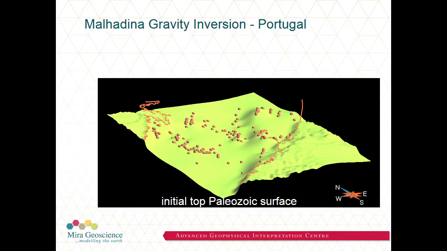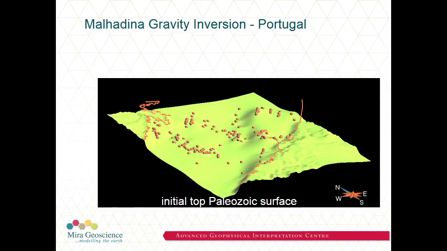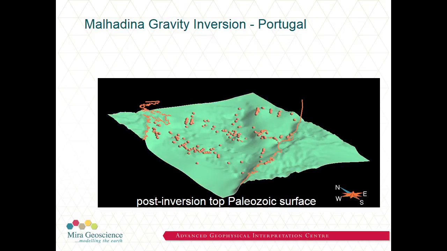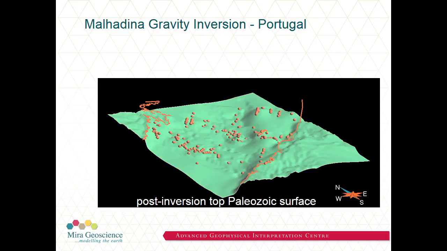And the idea here was to apply the same style of inversion, to invert the gravity data to update that top of bedrock surface. So you get that. So I just go back and forth. See, the gravity inversion has really applied the same sort of wavelengths in structure, the top of the bedrock, as we have where the control is at the topography.